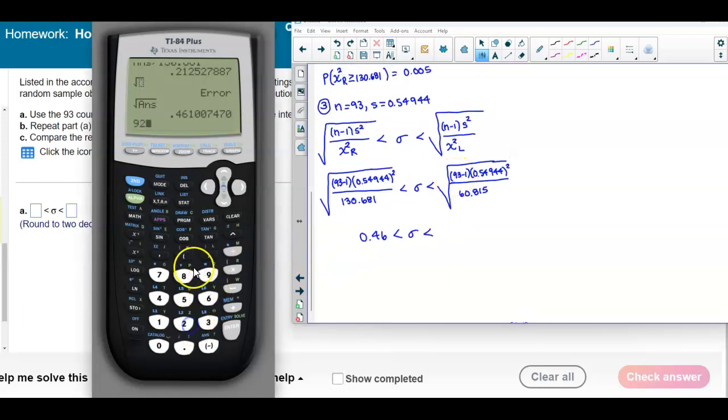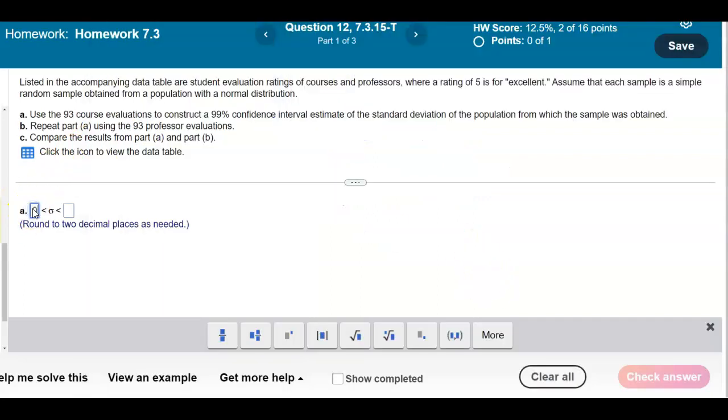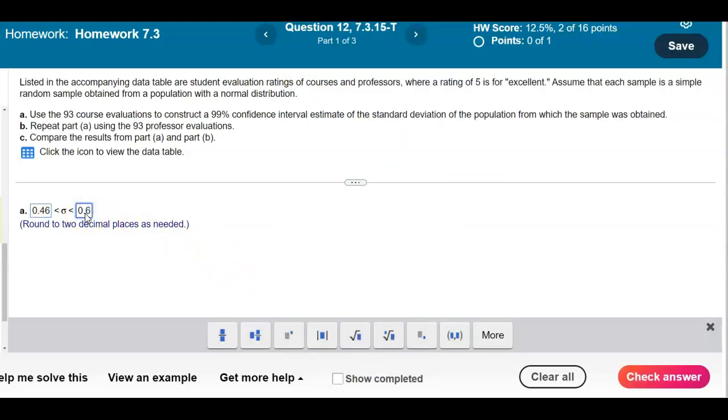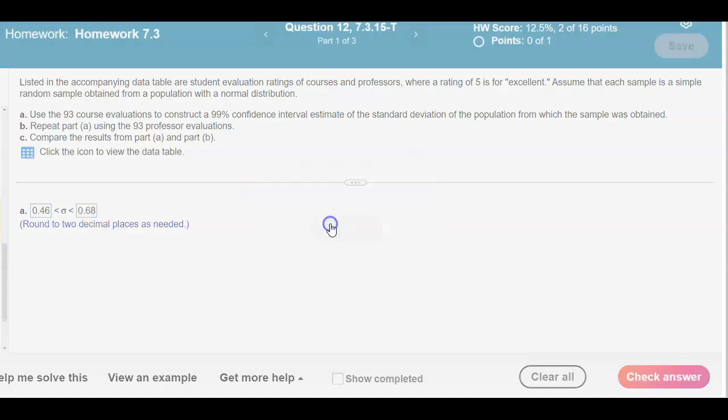Again, we take 92, multiply it by 0.54944 squared, divide that by 60.815, and then take the square root of that result. Rounding to 2 decimal places gives us 0.68. So 0.46 for the lower limit and 0.68 for the upper limit, and there is our result.